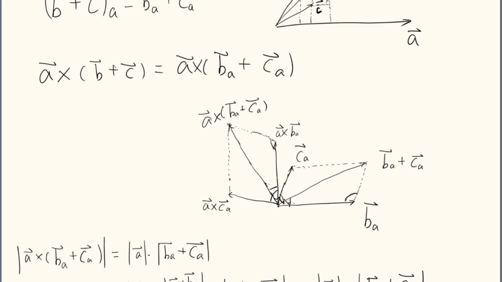So the angle formed by this vector and this vector is the same as this angle. As this is a parallelogram, this is the same as this, so this is the same as this.